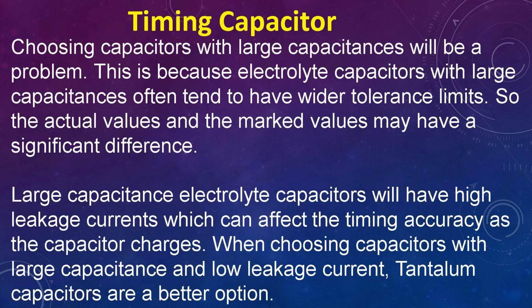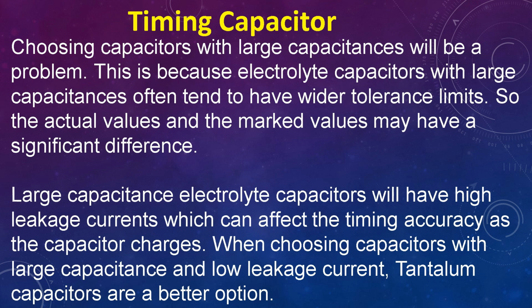This is because electrolytic capacitors with large capacitances often tend to have wider tolerance limits, so the actual values and the marked values may differ significantly. Large capacitance electrolytic capacitors also have high leakage currents, which can affect the timing accuracy as the capacitor charges.